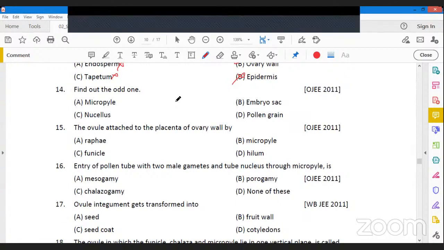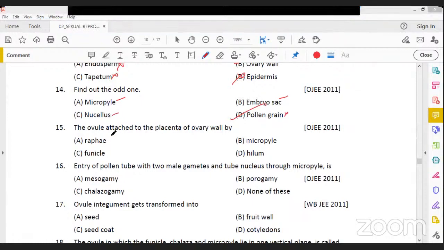So here it's very easy. Micropyle, female part. Embryo sac, female part. Nucellus, female part. Pollen grain is the only one here. So D is the correct answer.